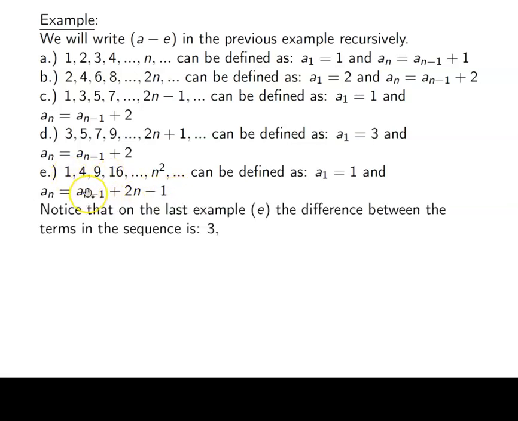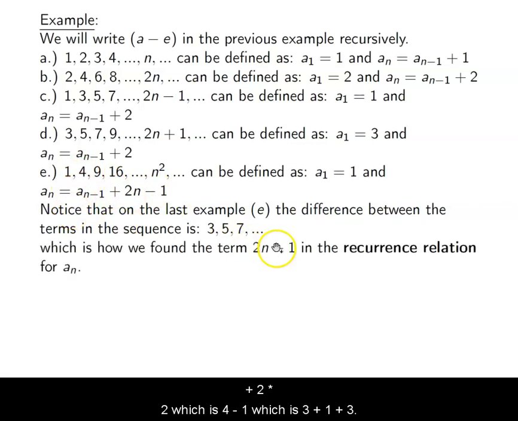So I take 3, 5, 7, so forth. So if I'm starting at 1, I am now on, for n equals 2, right? In order to find n equals 2, I take 2 minus 1, so that's 1, plus 2 times 2, which is 4, minus 1, which is 3. So 1 plus 3 would give me 4, and so forth, right?